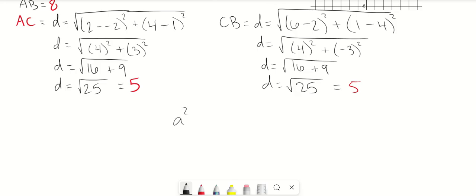A squared plus b squared equals c squared. And when we plug in our three side lengths, if we get the same number on both sides of the equation, that means we have a right triangle. If we get different numbers on each side, we do not have a right triangle. So a and b can be interchanged, but the one number that matters is c, our hypotenuse. That has to be the biggest side, which was 8.